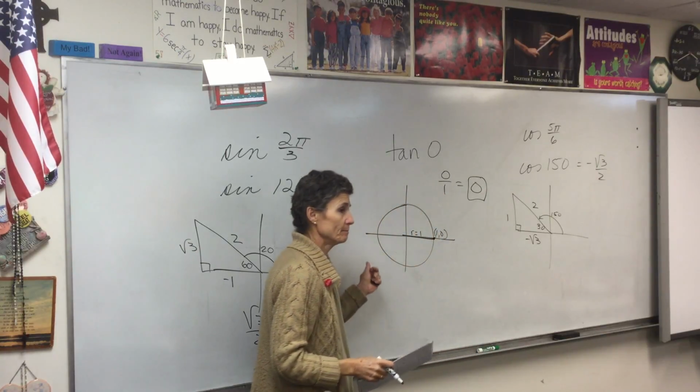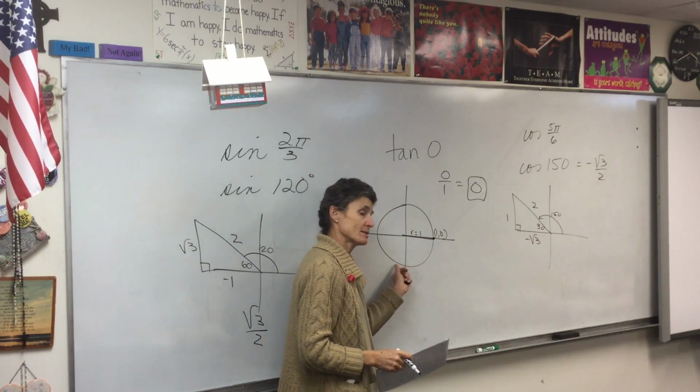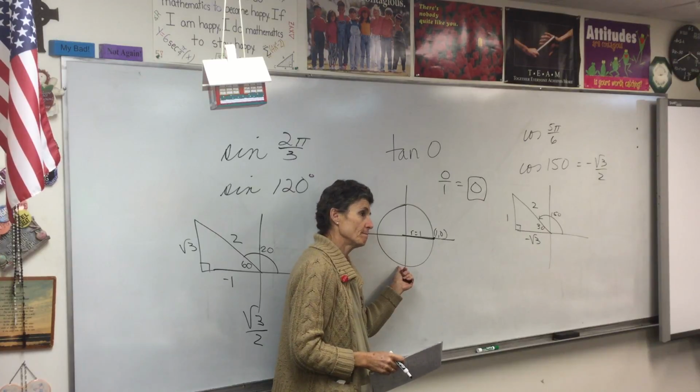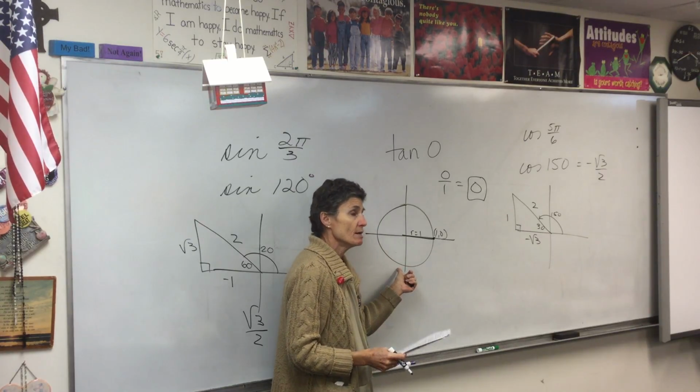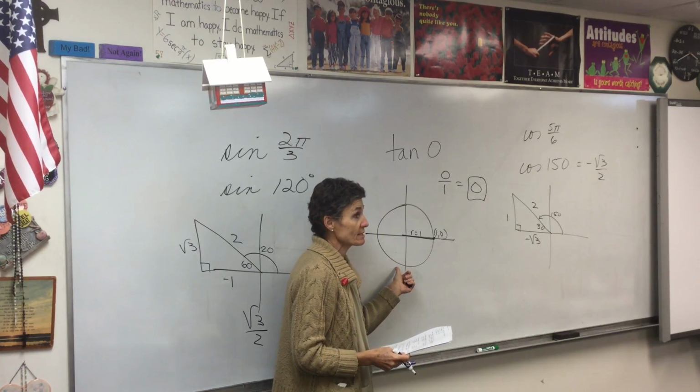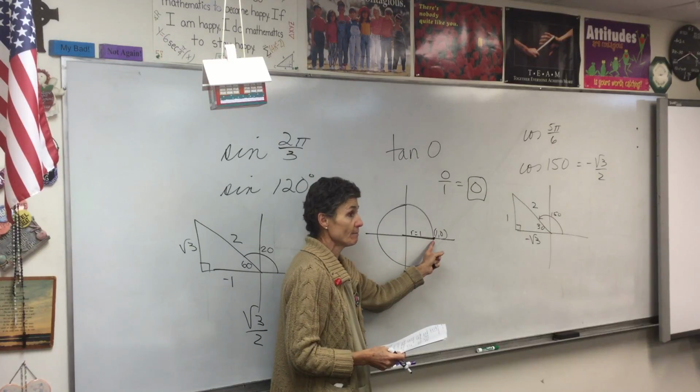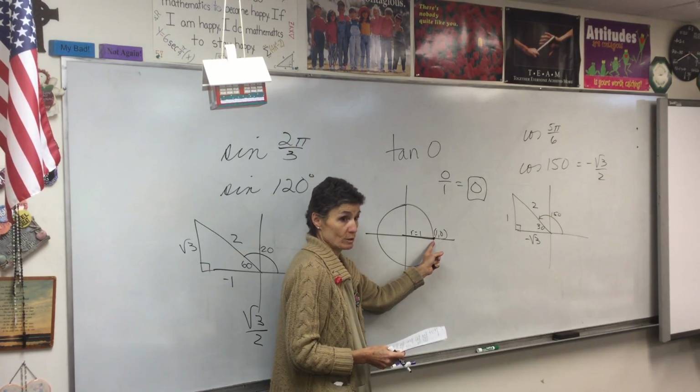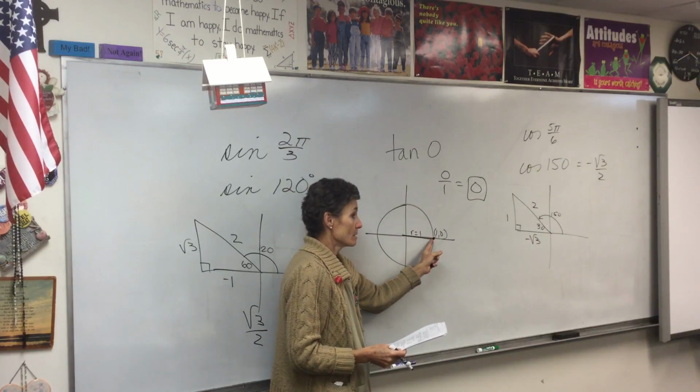Secant 2 pi. I'm going to cheat a little bit. I'm going to use this picture right here that I already have drawn. How come I can use this picture for the secant of 2 pi? 2 pi is 360, and isn't 360 right here? Once around? What's secant?